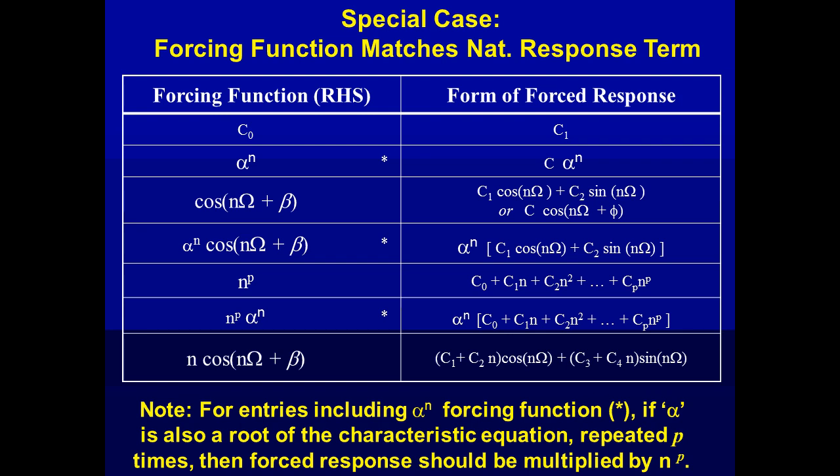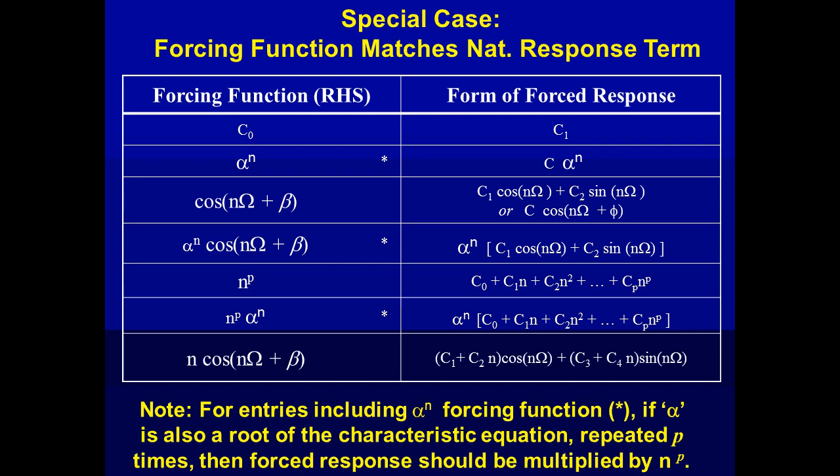A couple of these have asterisks by them, and the fine print is that if you do have ones that have these generally exponential forcing function kind of terms, our natural responses will tend to be exponential functions. And so if you happen to hit them with the same exponential function, then we've got to change the forced response.